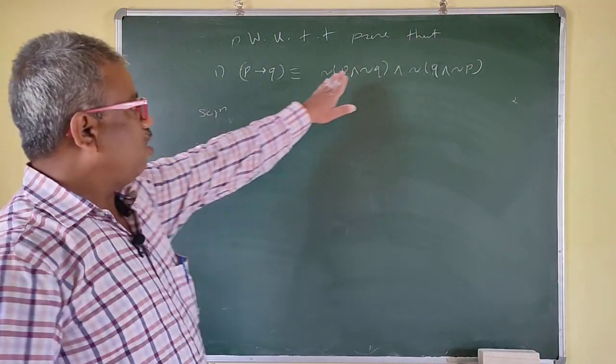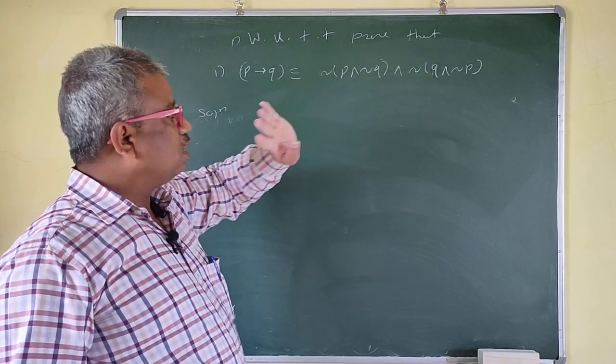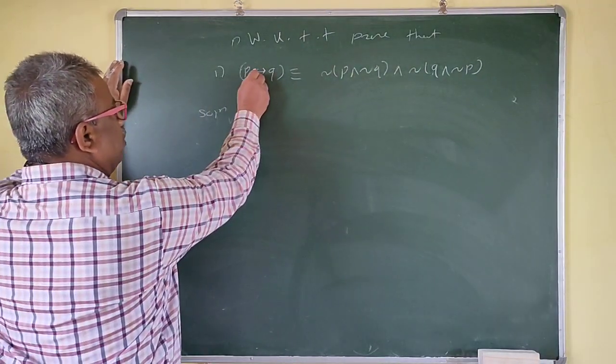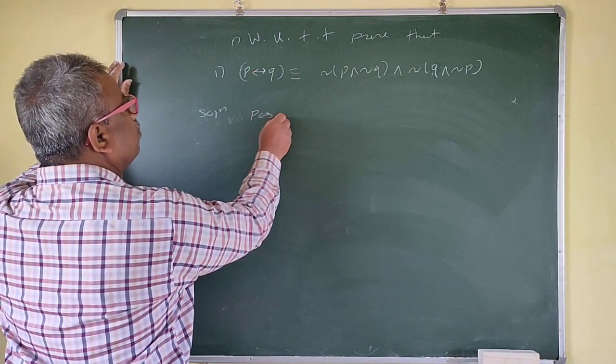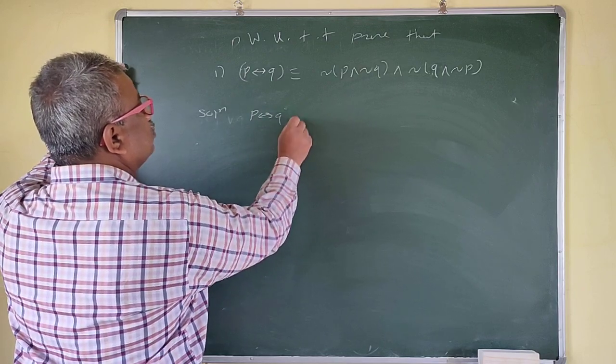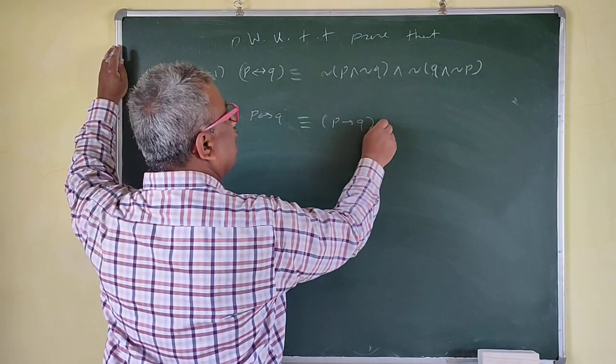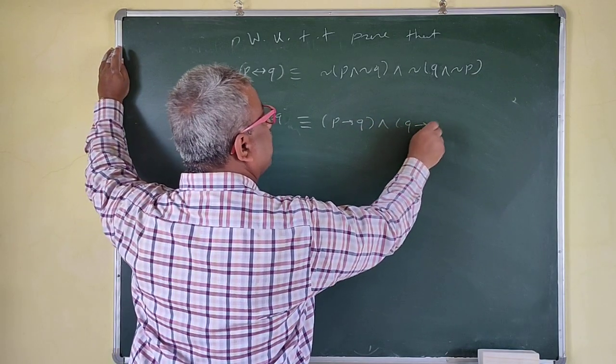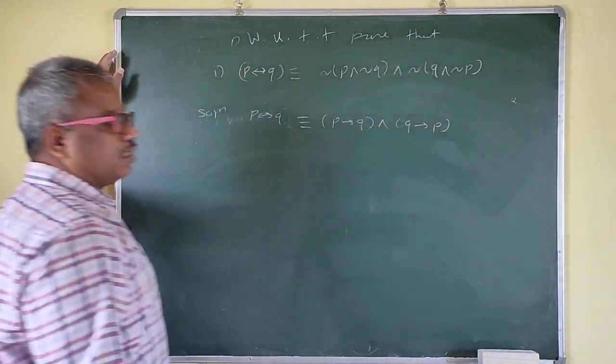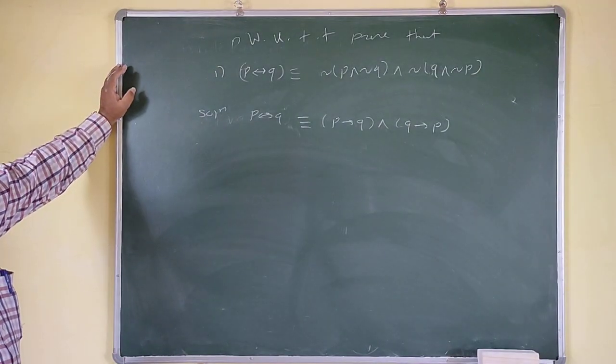We'll start from LHS or from RHS. Okay, so if and only if: P if and only if Q. We know that this is logically equivalent to P implies Q and Q implies P, right? If P then Q, if Q then P.